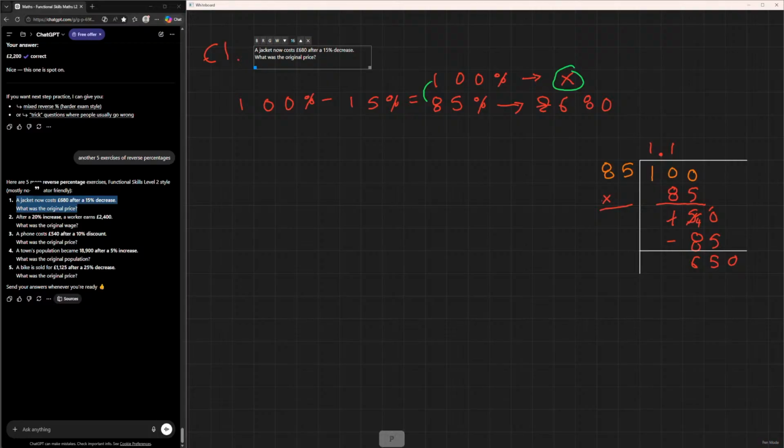Maybe we go with the 7, 35. So it's 64 minus 8, which is 56.